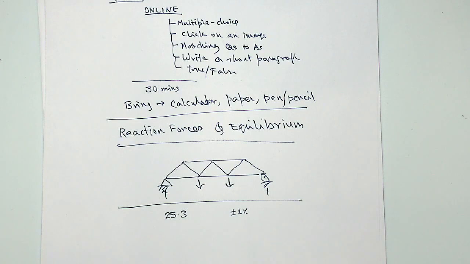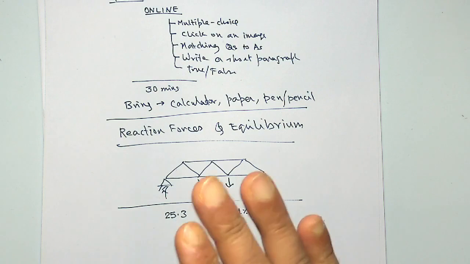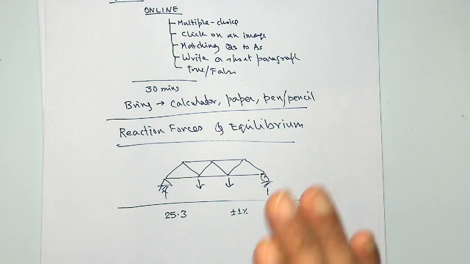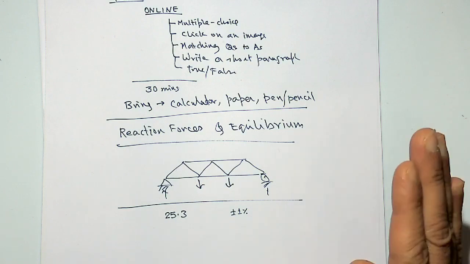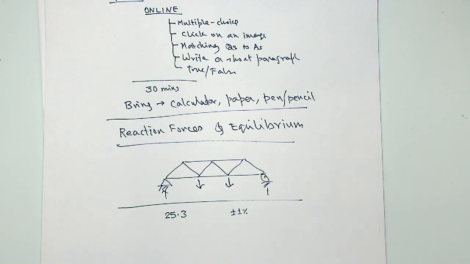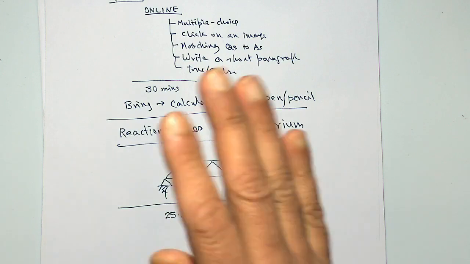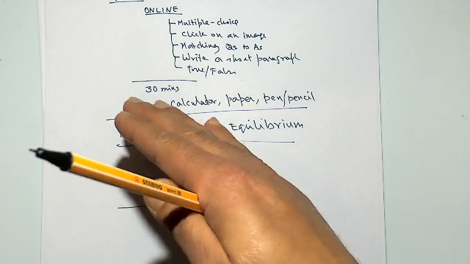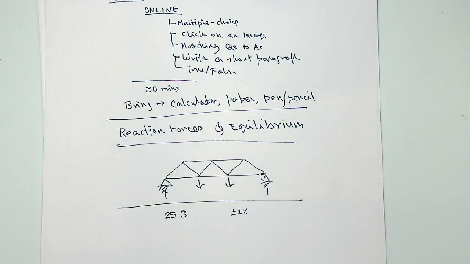But one thing to be aware of: it will be a timed test. So if it is given 30 minutes, after 30 minutes, whatever stage you are at, you will be logged out of the test. Whatever you have done will be saved at that point and submitted. So if you didn't submit by that time, don't worry. If you have saved the questions by that point, then that will be submitted for you.